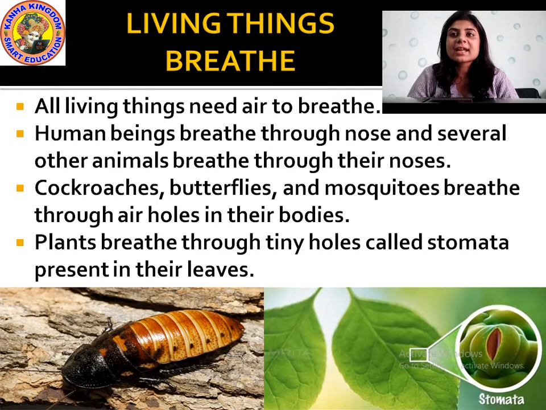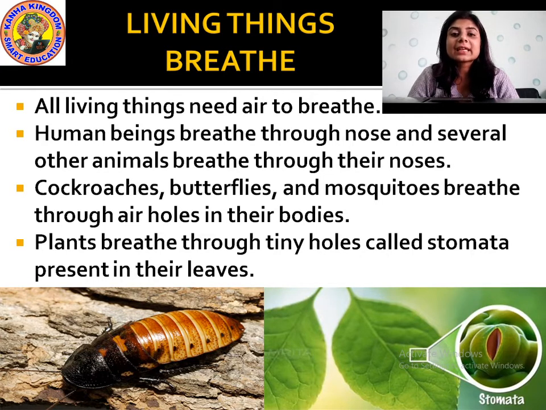Cockroaches, butterflies and mosquitoes breathe through air holes present in their body. Plants breathe through tiny holes called stomata present in their leaves. As animals and human beings breathe, plants also breathe. How do plants breathe? They breathe with the help of stomata.